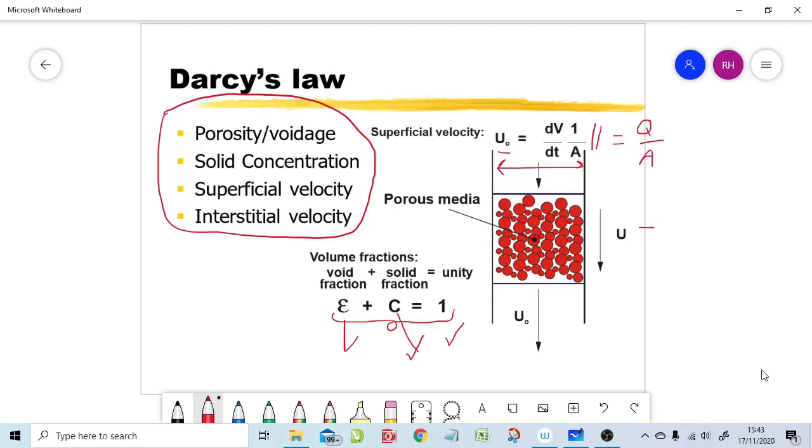The interstitial velocity will be faster than the superficial velocity because the area is reduced.